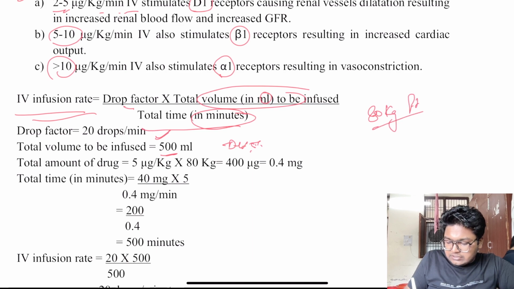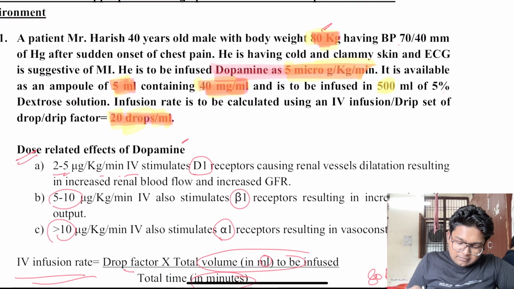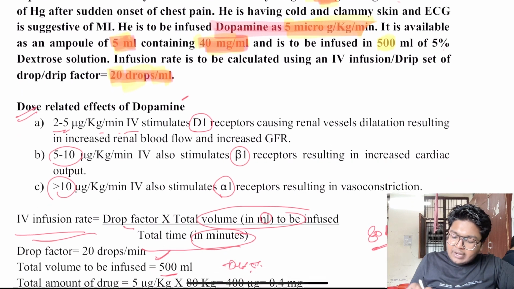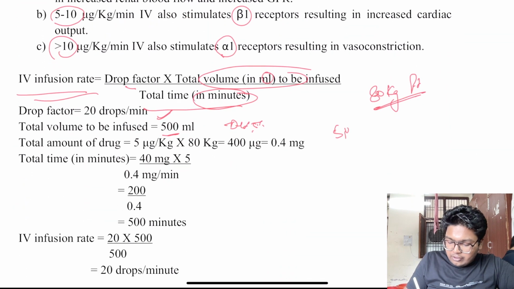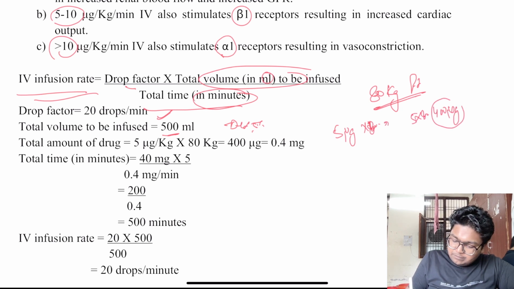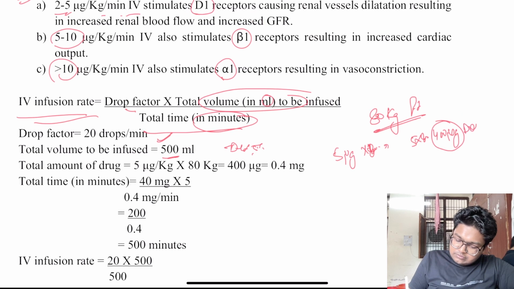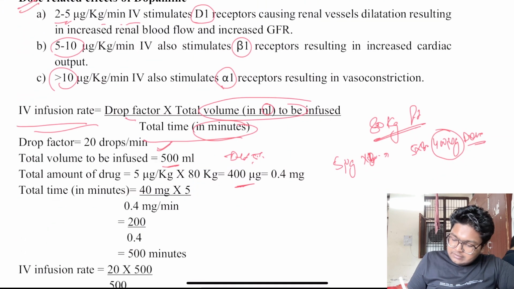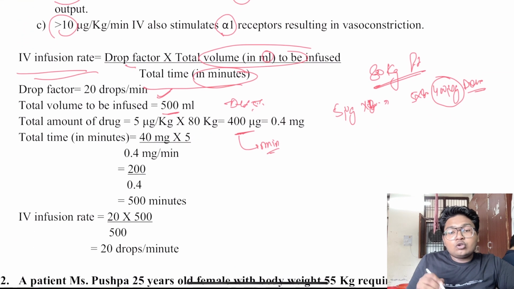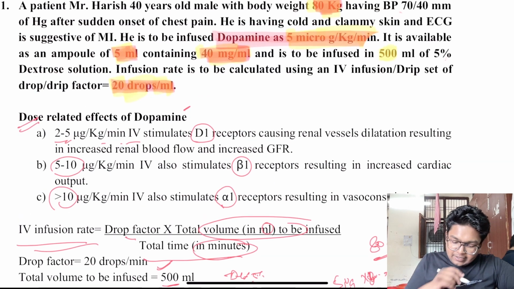The required dose is 5 microgram per kg, which means 5 into 80, 400 microgram per minute.